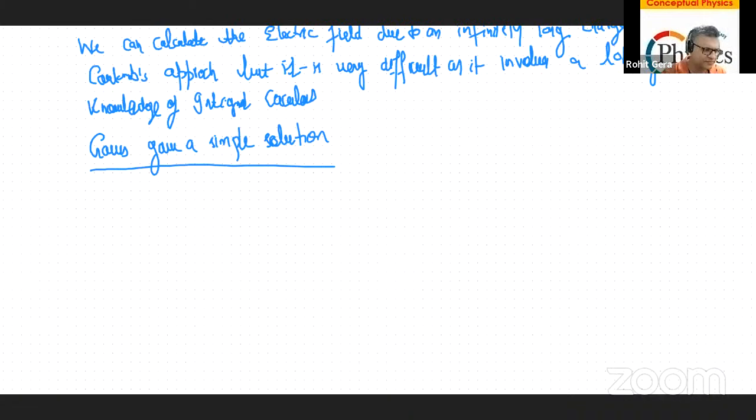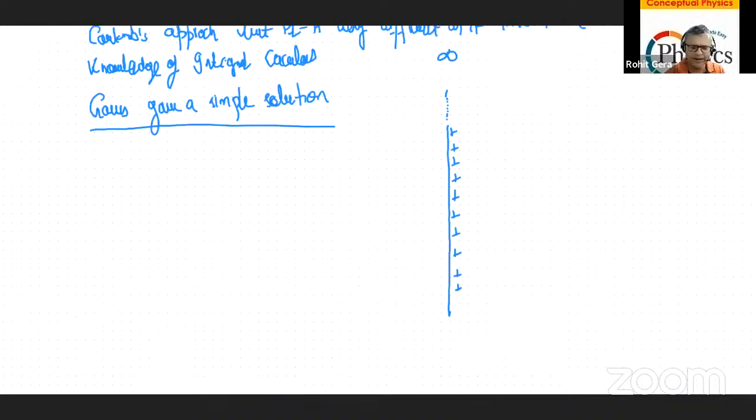He said, okay, let's see what Gauss did. So he drew this infinitely long linear charge density like this. And then he said, where do you end? I said I'm never going to end. I'm running to infinity, and on the bottom side I am running to minus infinity.